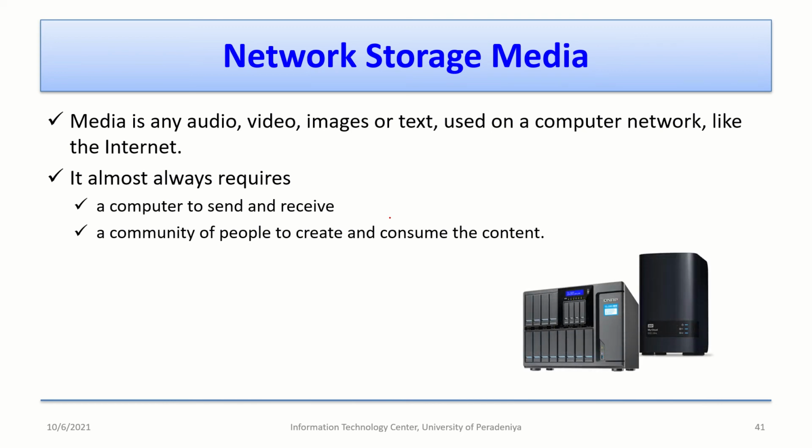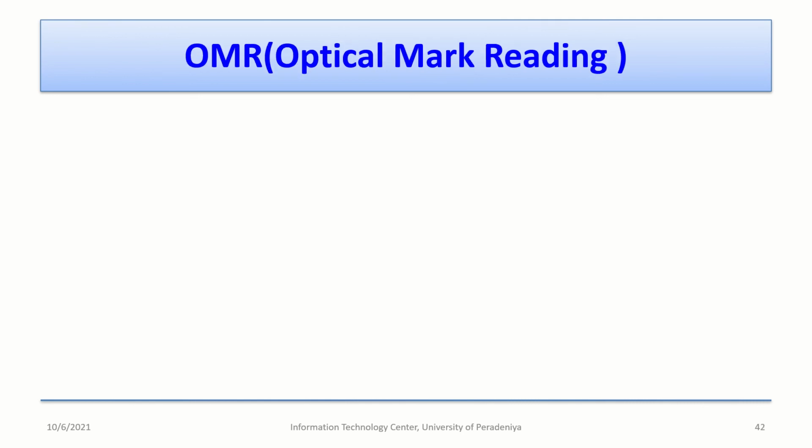And it says the storage is provided by the network. So that means we can store our data, or the applications, basically data, in network devices. All right. So we don't have storage in our local computer. At the same time, we have some locations to store our data in our network, right? So that's what we call network storage media.